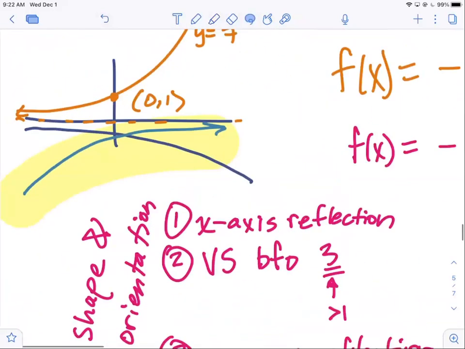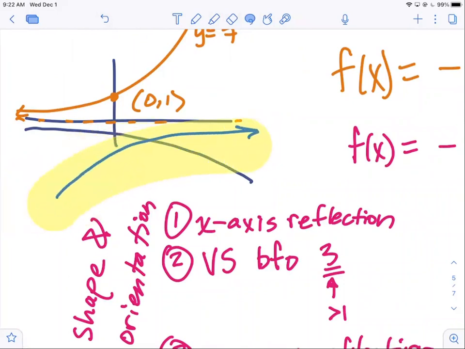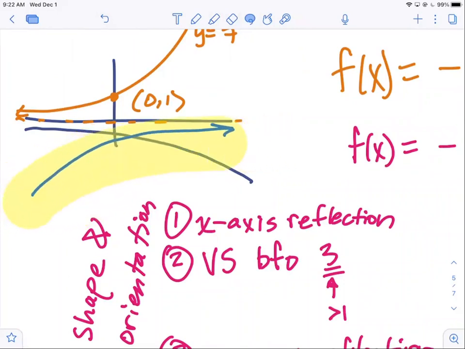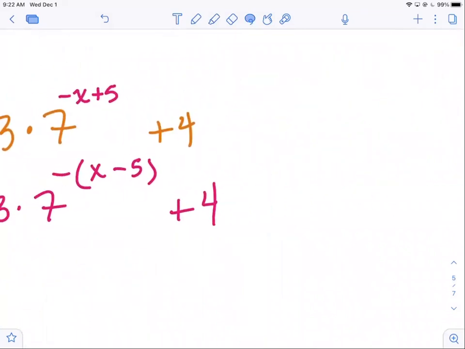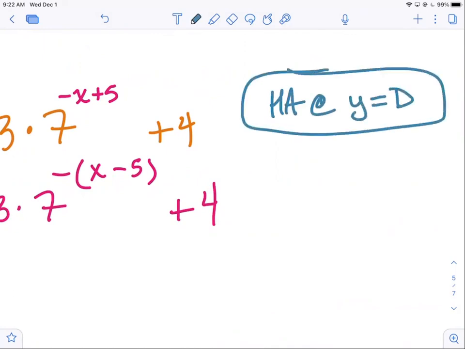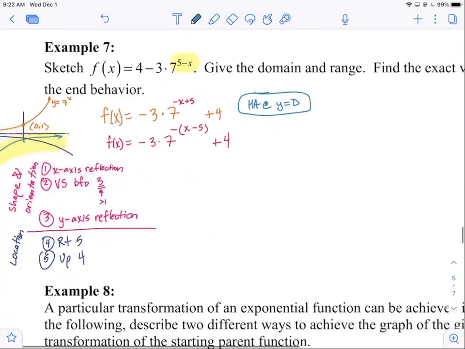Now, again, the horizontal shift, that's not as important because it's just going to change the y-intercept, which we're going to find anyway. But the more important of the two is the vertical shift, right? Because as we said yesterday, y equals d is your horizontal asymptote. And so because it's up 4, we know we're going to have a horizontal asymptote at 4.